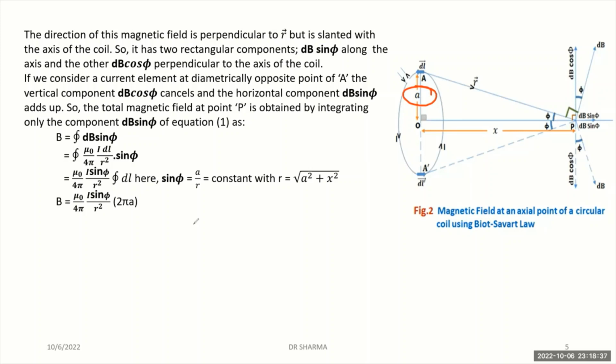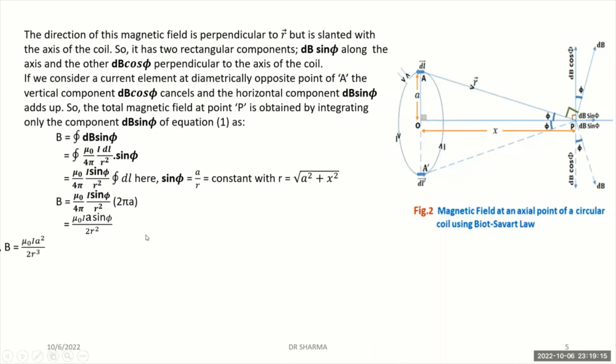Here the radius vector is denoted by vector r, so we denote radius by small a, and the circumference is 2 pi a. Now by simplifying you get the result: mu naught I a sin phi upon 2r square.